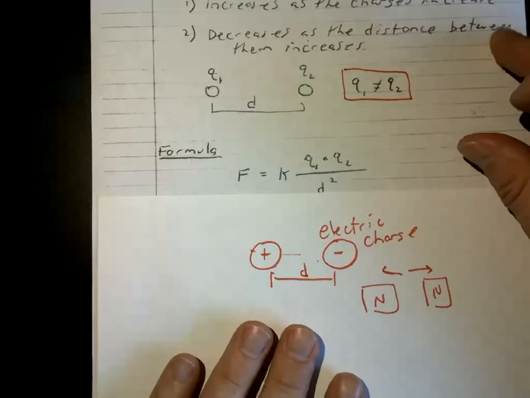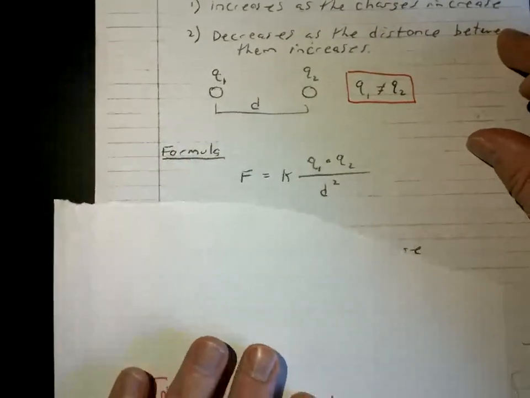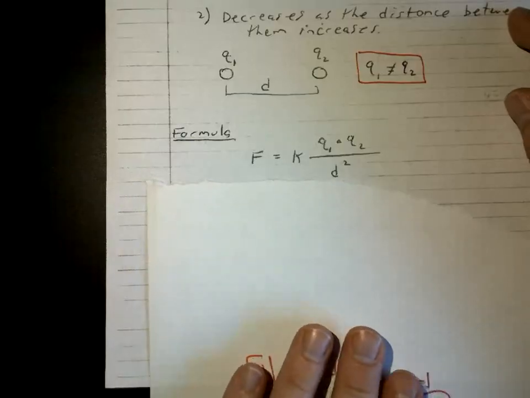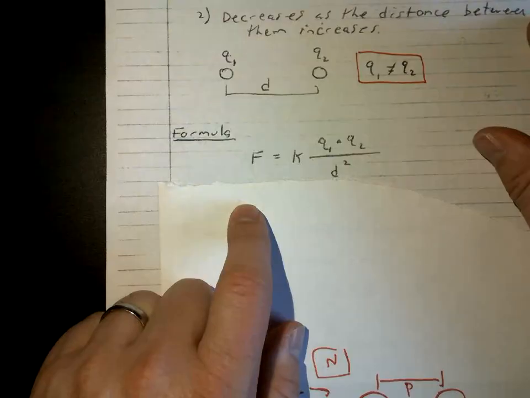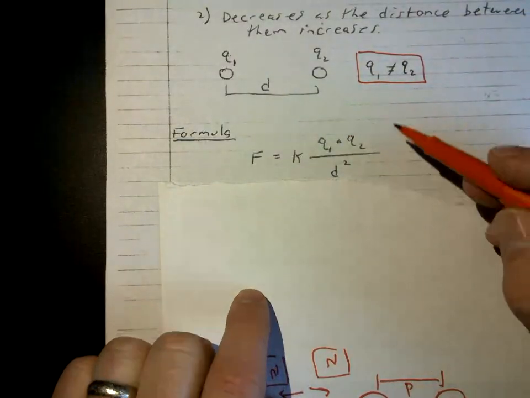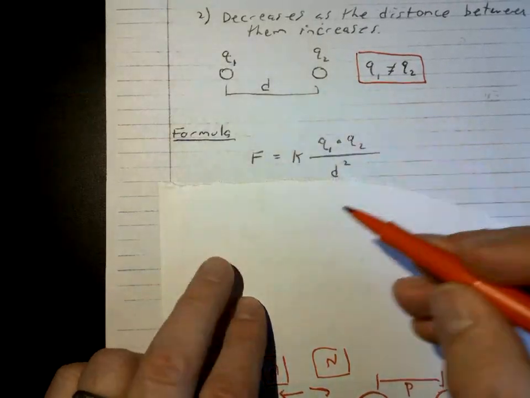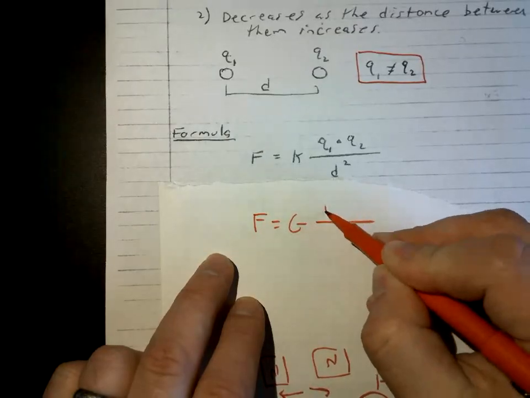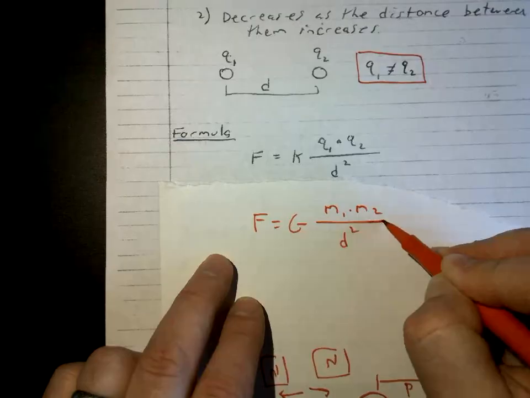The formula that you're going to be working with on the homework is this. If you think about it, you probably already know another formula that looks very similar to this. I want to put it down here. You don't need to write this down if you don't want to. It looks very close to what we've done in the past: force equals big G, mass 1 times mass 2, over distance squared.